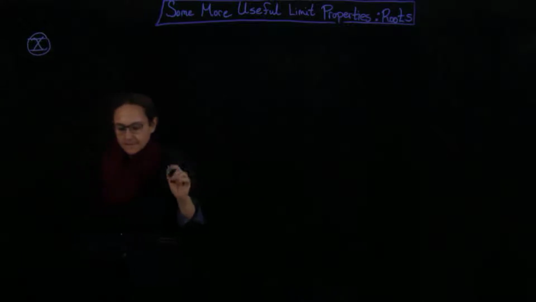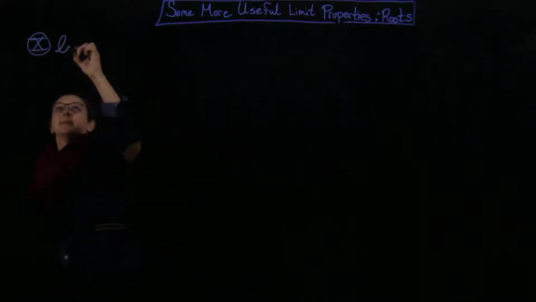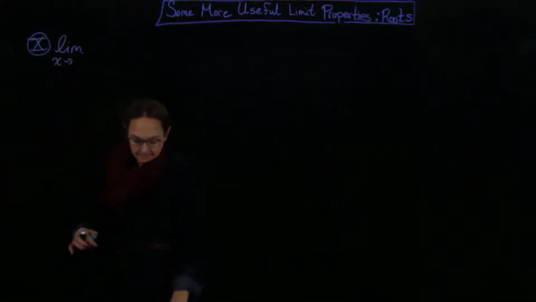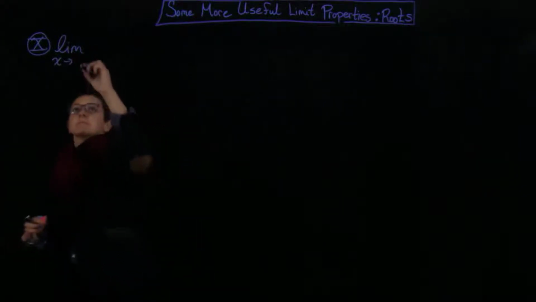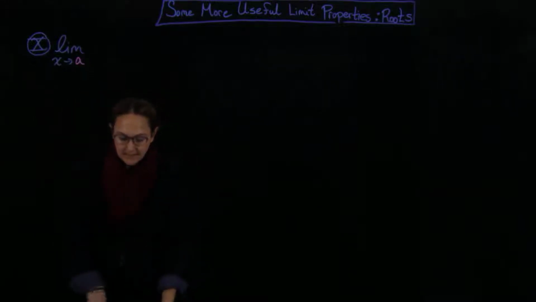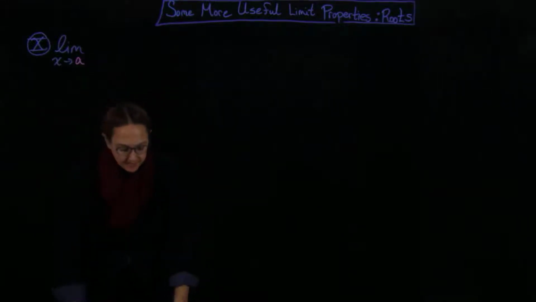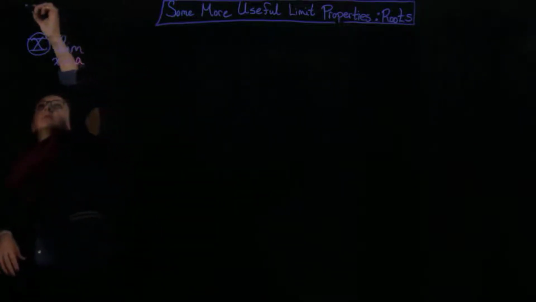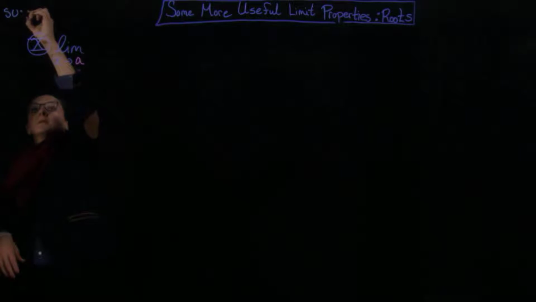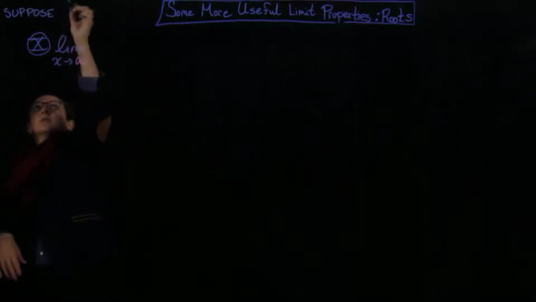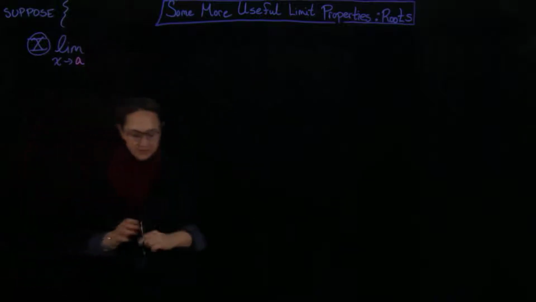Property 10 is about the limit as x approaches a. Let me first set up the suppositions for this property.